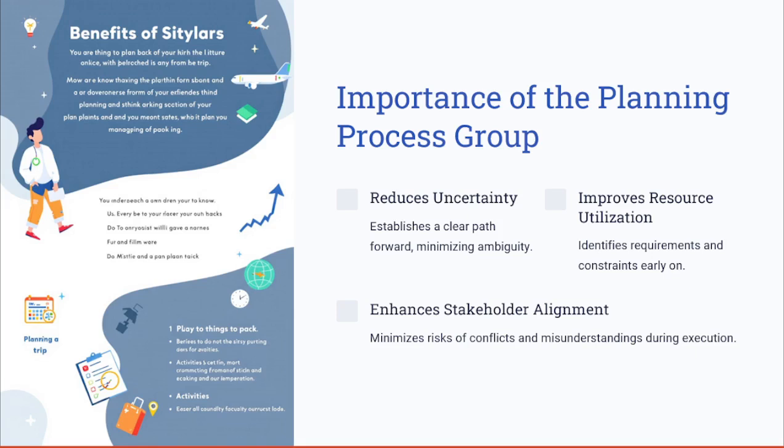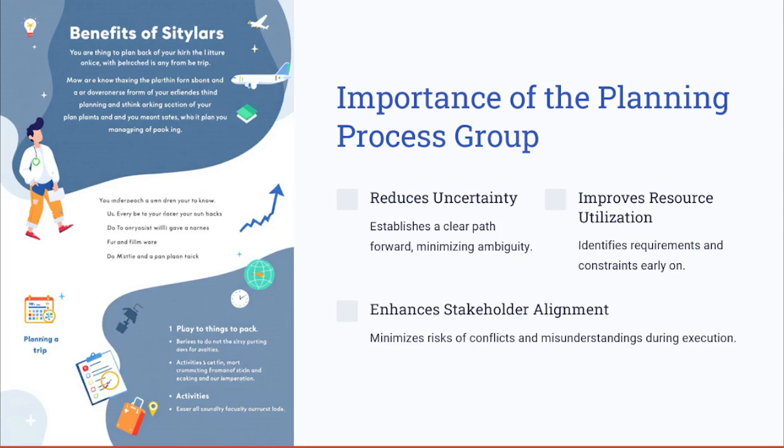What exactly is the importance of the planning process group? The planning process group significantly reduces the uncertainty by establishing a clear path forward. It ensures the optimal use of resources, whether human, financial, or material, by identifying the requirements and constraints early on.